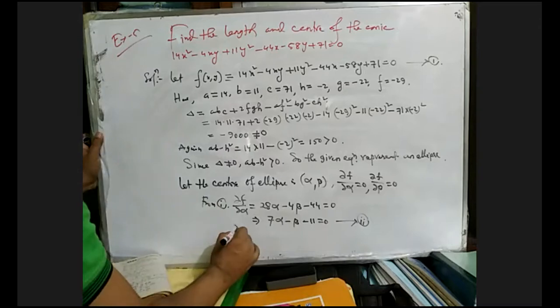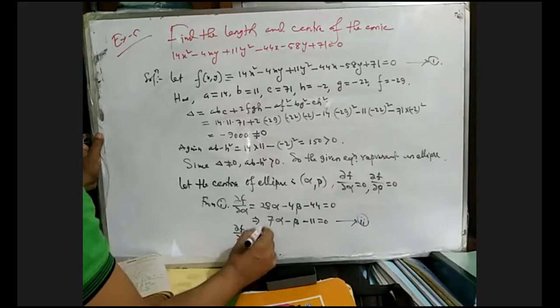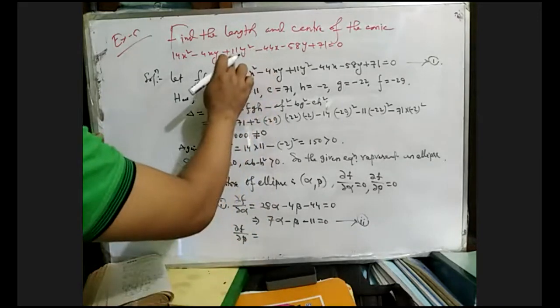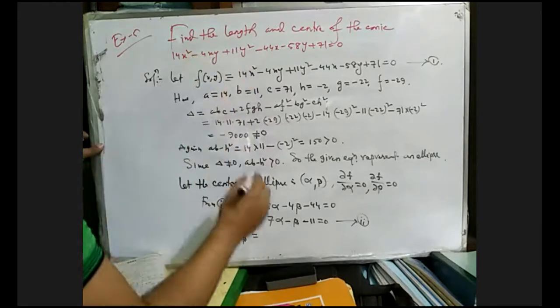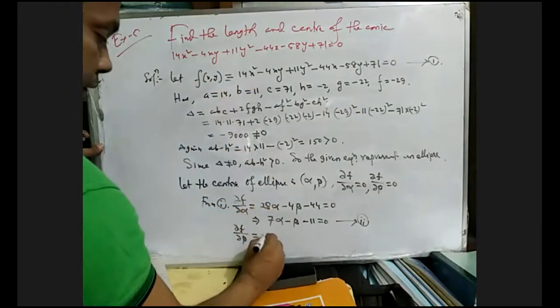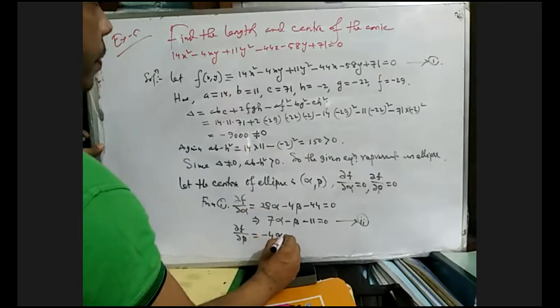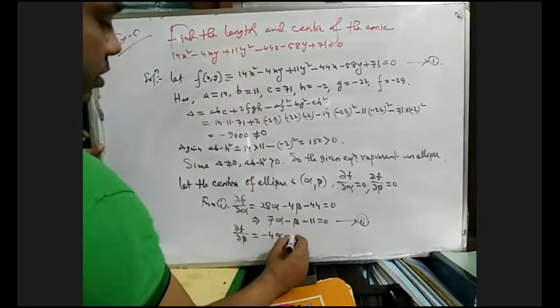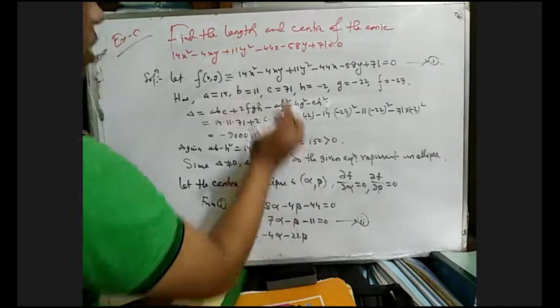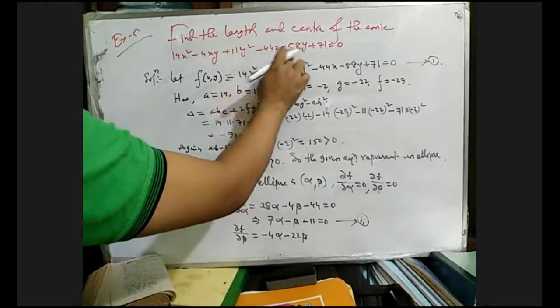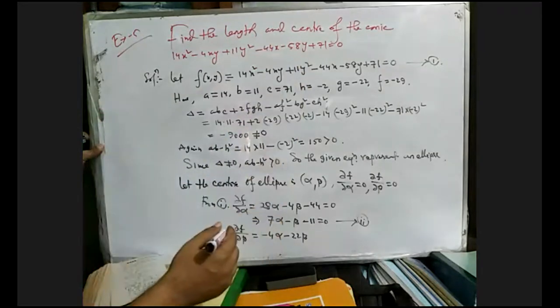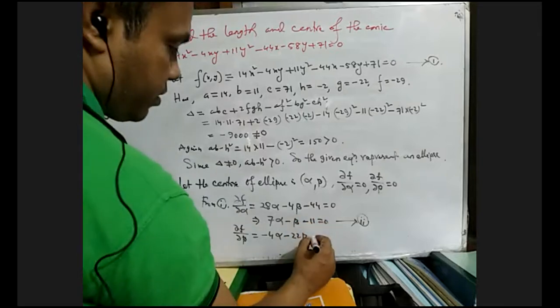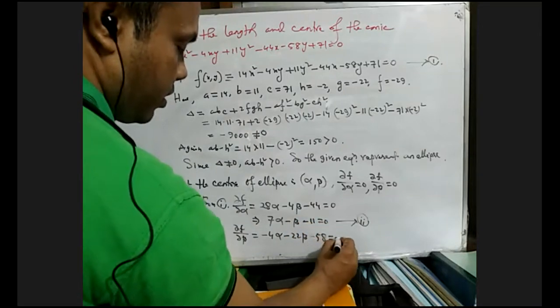And partial differentiation with respect to what? Beta will be what? We get here minus 4 alpha minus 22 beta, then this will be 0, 44 alpha, and this will be minus 58, equals to 0.